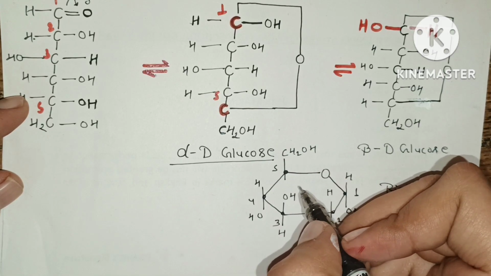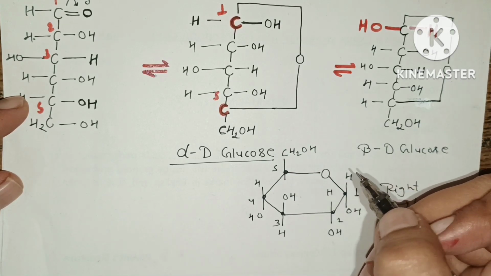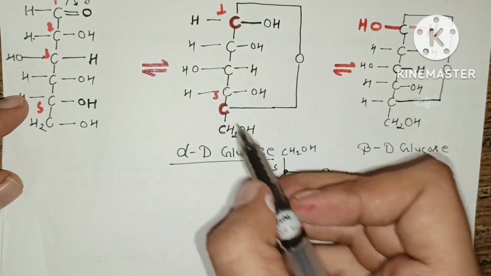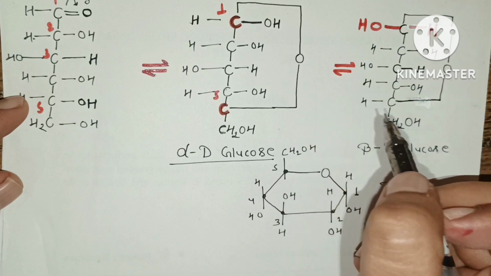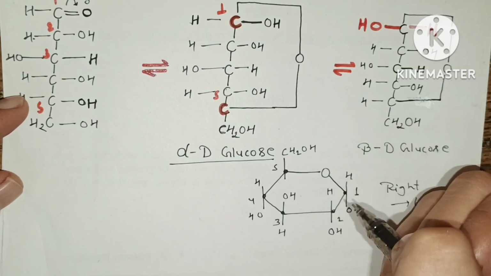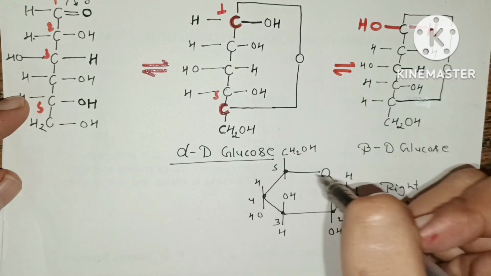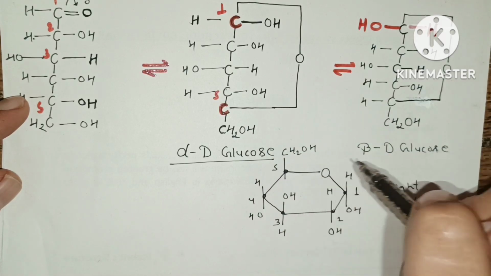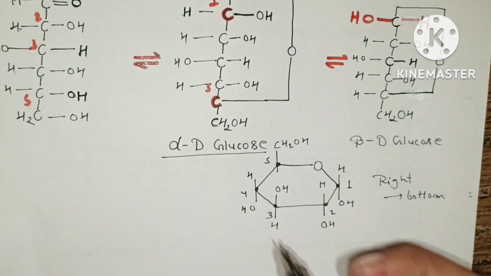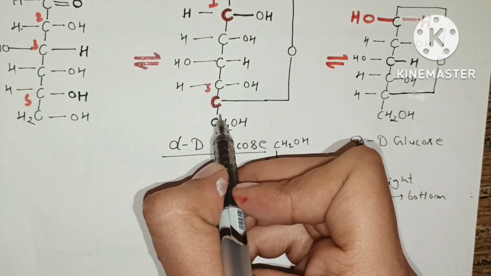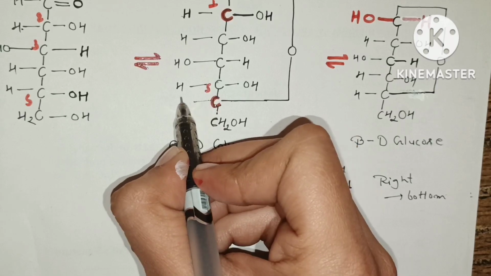At the fifth carbon, this CH2OH is already drawn. And one minute please. This is the fifth carbon connecting with the oxygen like this. Yeah, sorry, one hydrogen needs to be here now. This is the carbon having 1, 2, 3, the fourth one with the hydrogen.